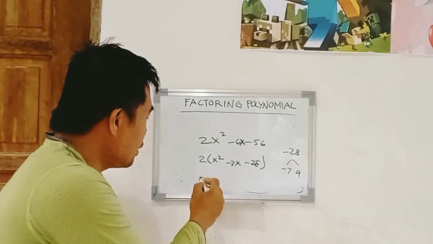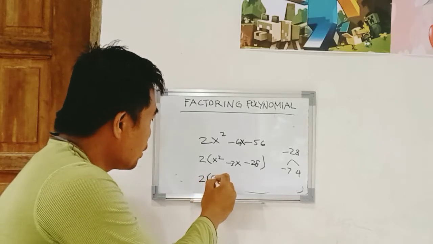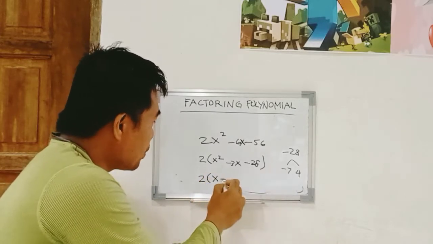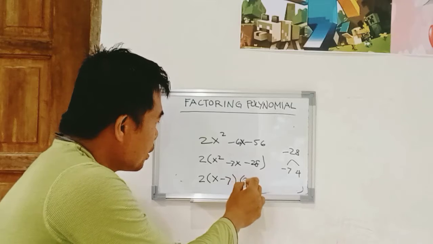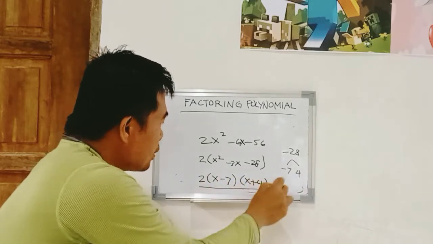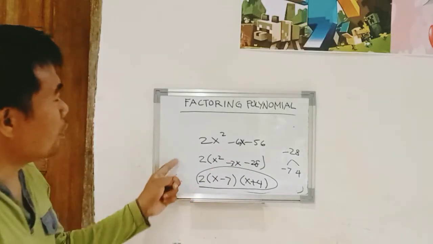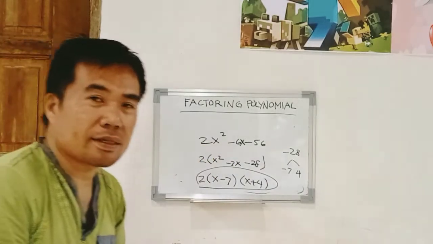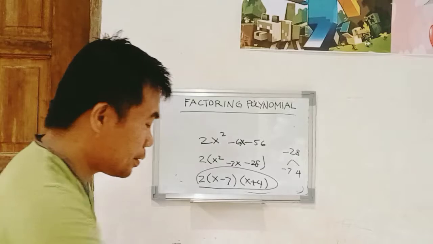So therefore, we have factors of x minus 7 and x plus 4. So this is the factored form for 2x squared minus 6x minus 56.